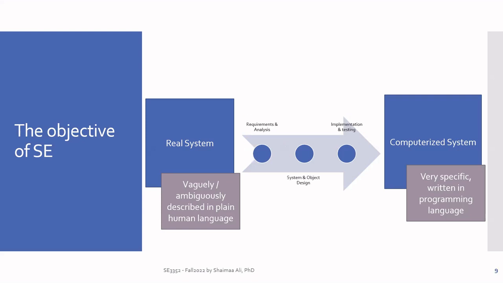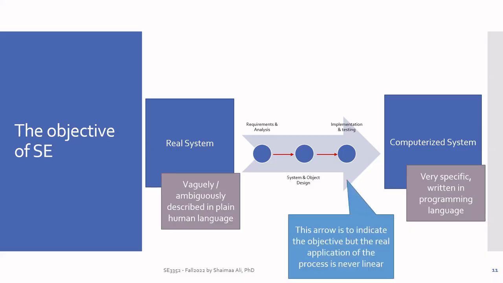We can have general categories for these, three categories: some related to requirements analysis, some activities related to design, and then some activities related to implementation and testing. Now, generally speaking, we aim at going through these activities in that order, but it's never linear.